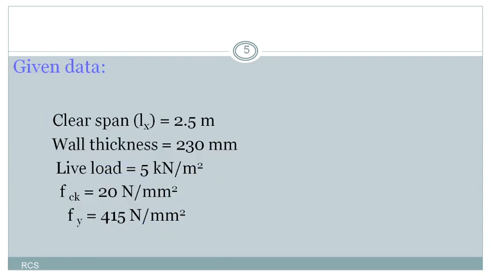So the clear span given in the shorter direction we have to consider, that is Lx equal to 3.5 meters, and the wall thickness given is 230 mm. Live load given is 5 kN per meter square. It is nothing but the imposed load. fck, that is, M20 grade of concrete, means the characteristic compressive strength of concrete is 20 Newton per mm square.